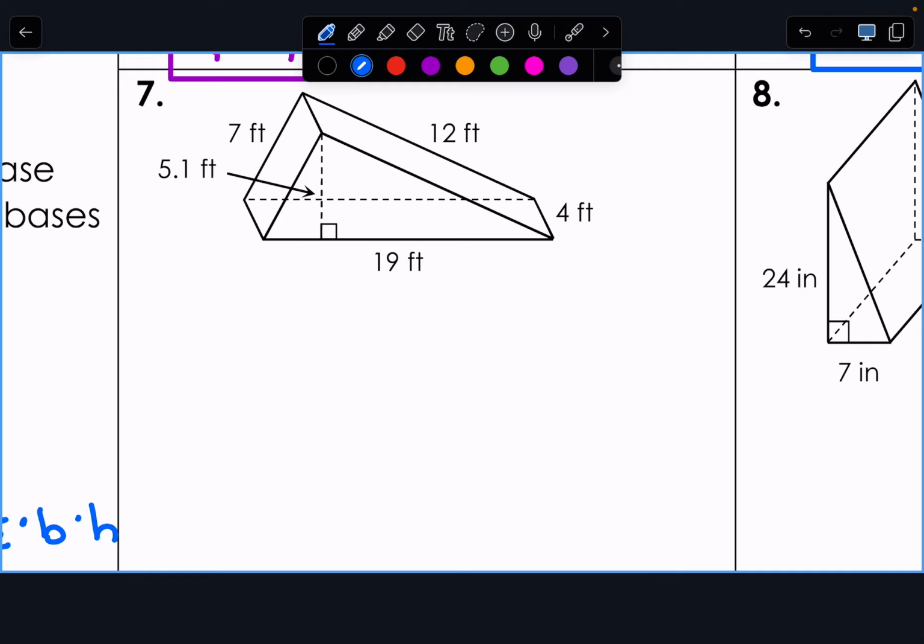Times 4. If you got 193.8, you have the right answer. Okay.